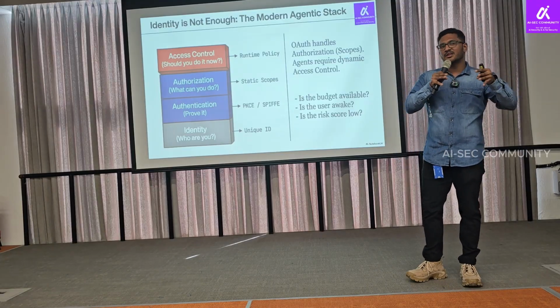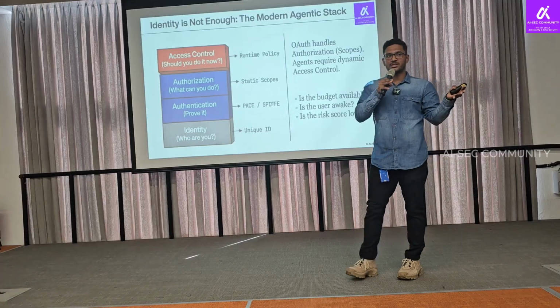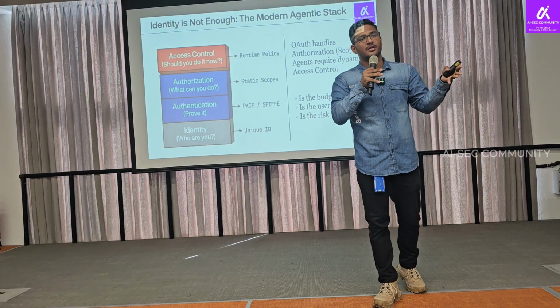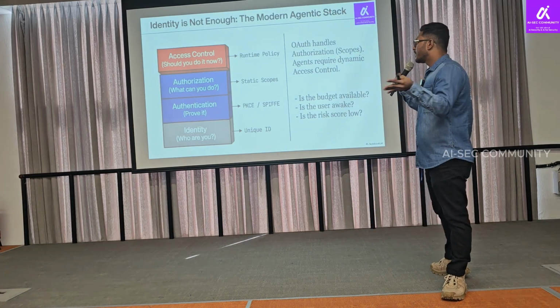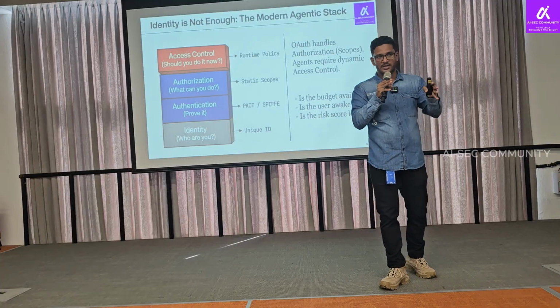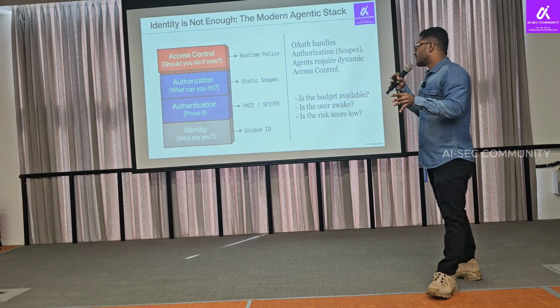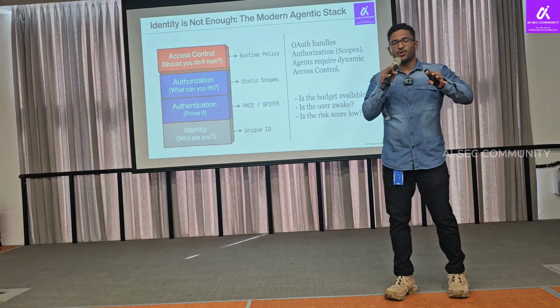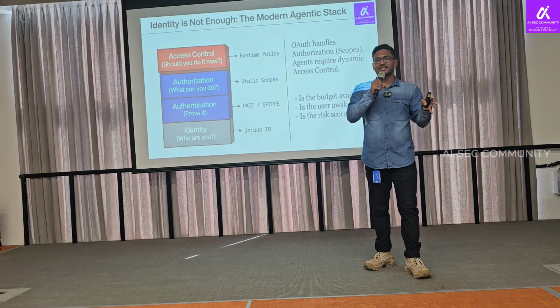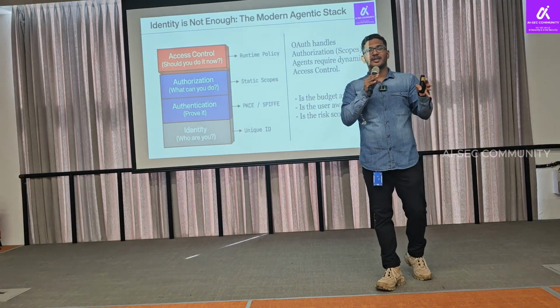And with agents, there are a few problems. One, do agents actually have a unique ID that we call agent identity? Not really right now. Authentication has a few flows, but there are drawbacks to that. We'll discuss that. Authorization has static scopes. The problem with static scopes, I'll get to that as well, is that agents are very dynamic.